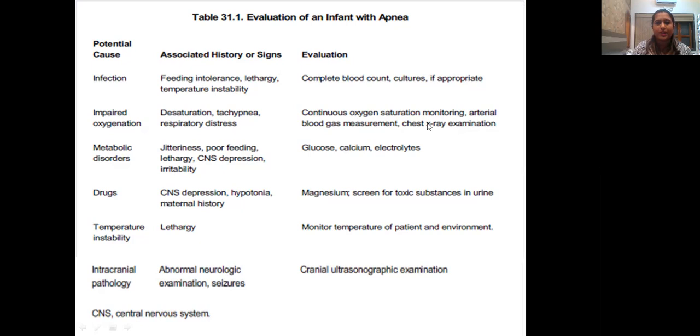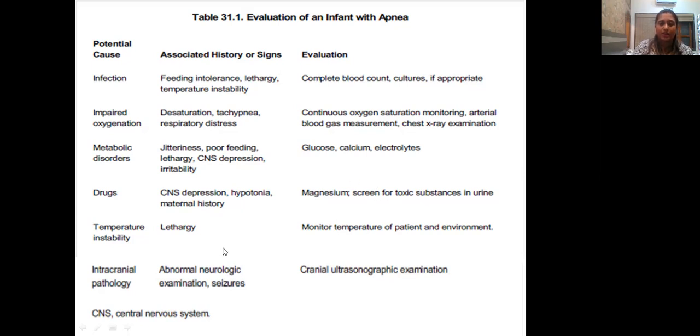In order to rule out metabolic disorders, the baby might have jitteriness and poor feeding, again with that lethargy and CNS depression. So we have to do the ones that matter, that is glucose, calcium, and electrolytes. In electrolytes, we are more interested in sodium. Okay. So drugs can cause CNS depression or hypotonia, therefore we would also like to screen for magnesium.